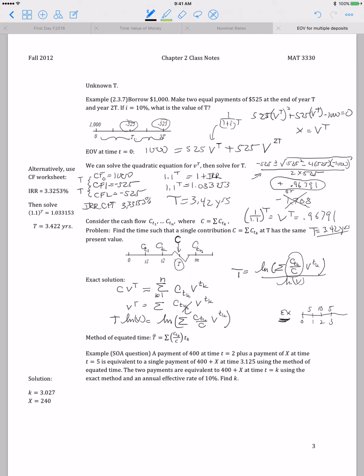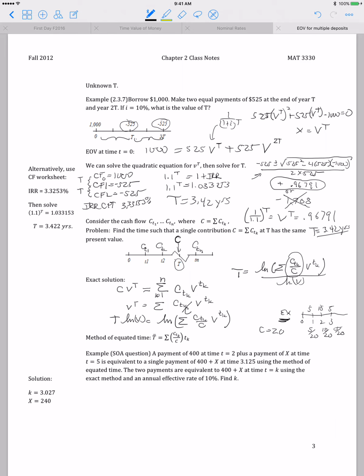Suppose I have cash flows of 5 at time 1, 10 at time 2, and 5 at time 3. My total cash flows would be 20, right? And so my weights would be the cash flow at the time divided by the total cash flow. So my weight at time 1 would be 5 over 20, the weight at time 2 would be 10 over 20, and the weight at time 3 would be 5 over 20.